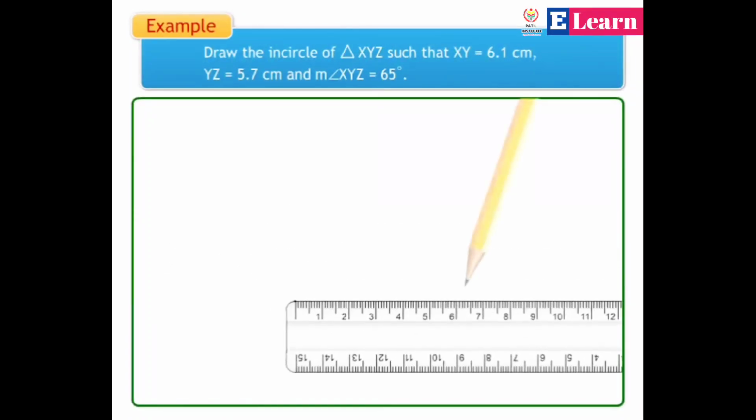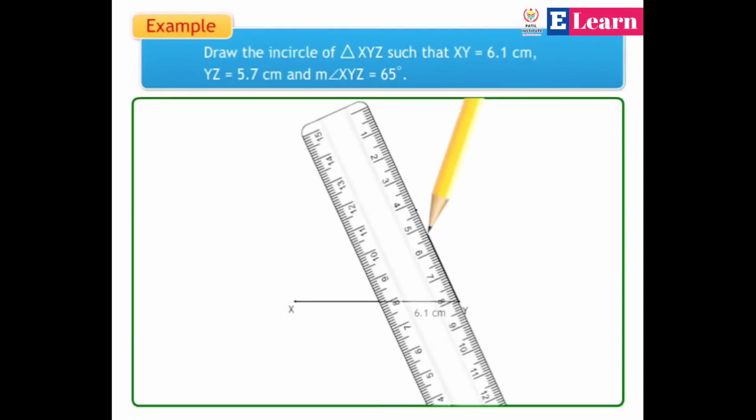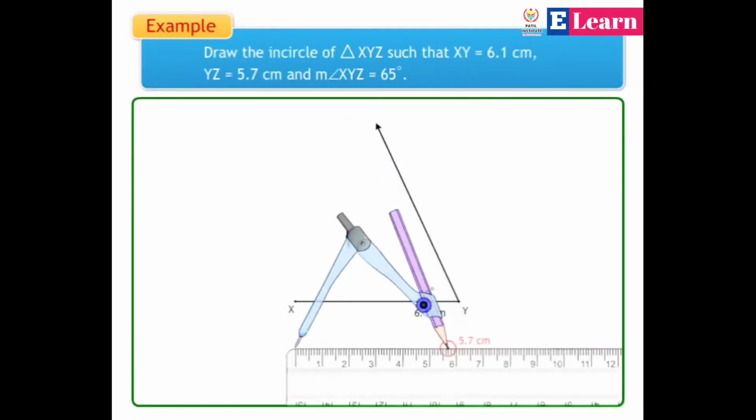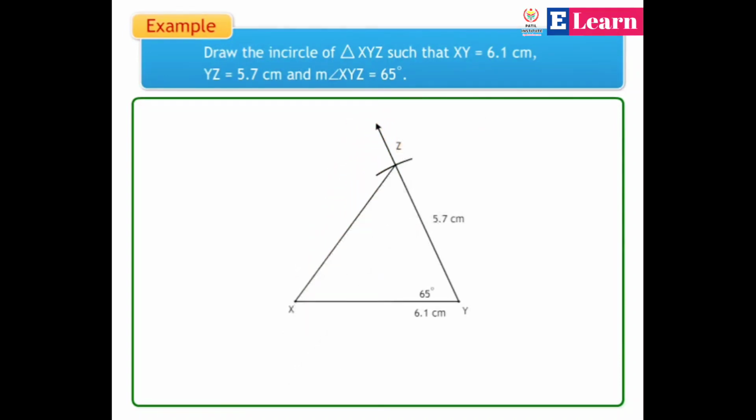First, draw segment XY of length 6.1 centimeters. Measure 65 degrees from point Y and mark a point. Now, draw an arc from point Y of length 5.7 centimeters and mark that point as Z. Also draw segment XZ. You get the required triangle XYZ.